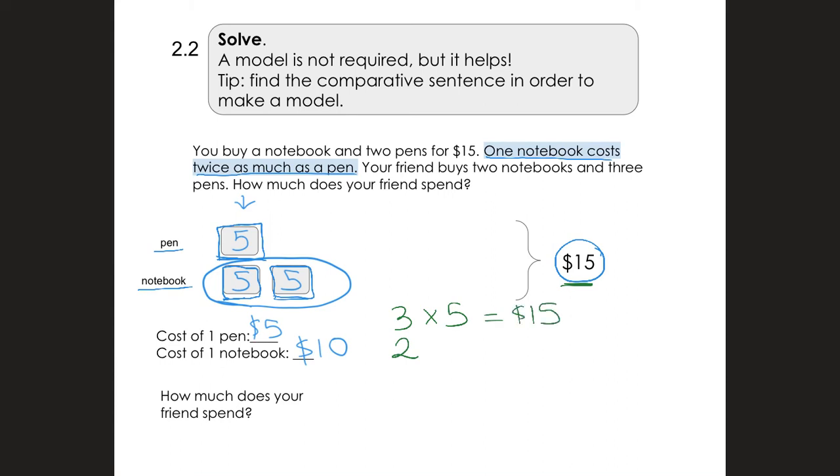They bought 2 notebooks. Each notebook is $10, so I could say 2 times 10. And that is 20. Now, to find out how much my friend spent in all, I need to add 15 and 20. And I get 35. My friend spent $35.